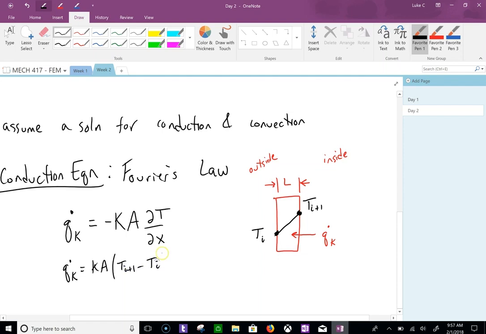The T of I plus 1 has to be first, right? So the negative is just to tell you the direction of heat transfer. But we already know the direction, right? It goes from T of I plus 1 to T of I.